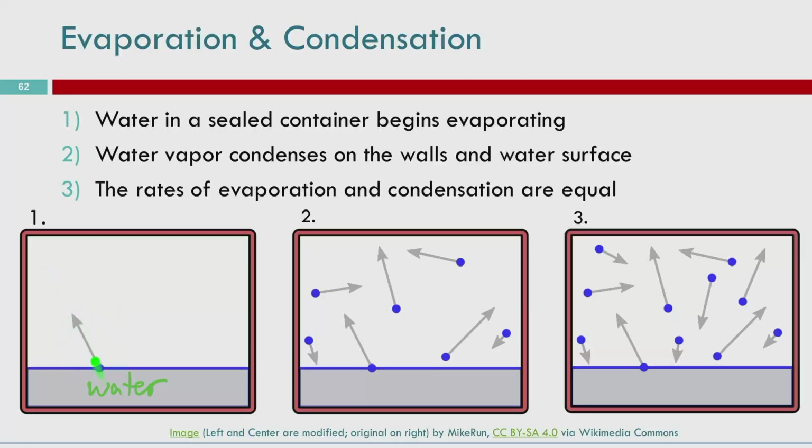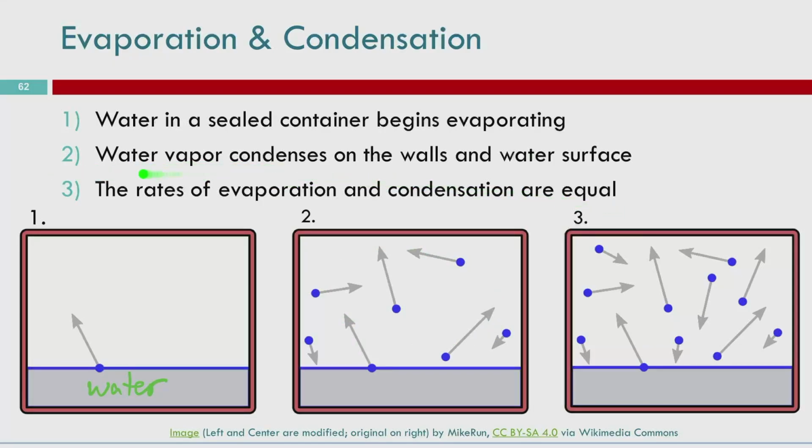Then some of the water molecules start to evaporate. That's my favorite graph that I showed you last class, the distribution of energy of all of the different molecules, where some of them have enough energy that they can escape. They do so, and they get into the gas phase.